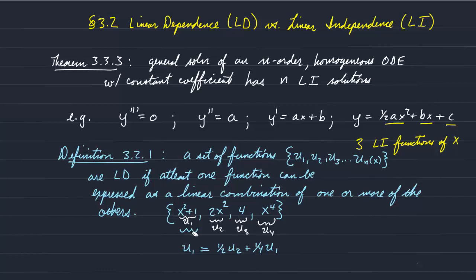This is an example of a linearly dependent set of functions because the linear combination of u2 and u3 gives u1. 1/4 of 4 is 1, and 1/2 of 2x squared is x squared. The linear combination means that we multiplied a constant times these two functions to get another function.